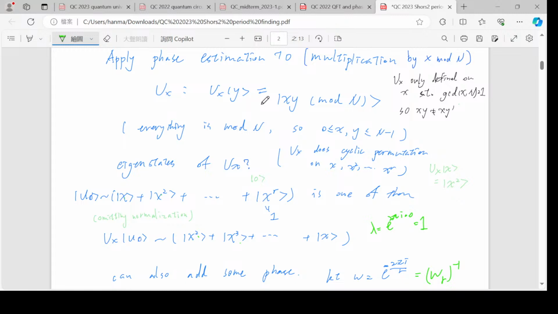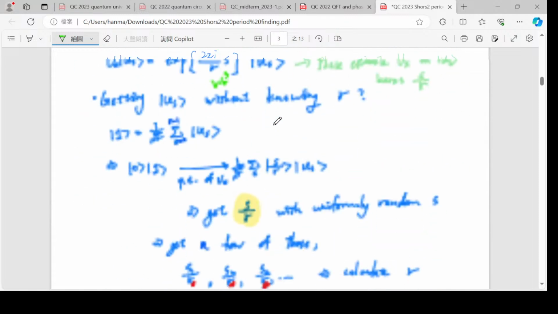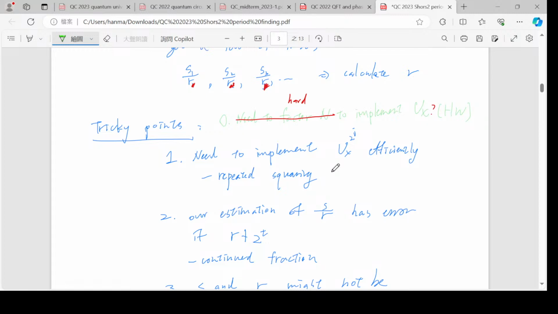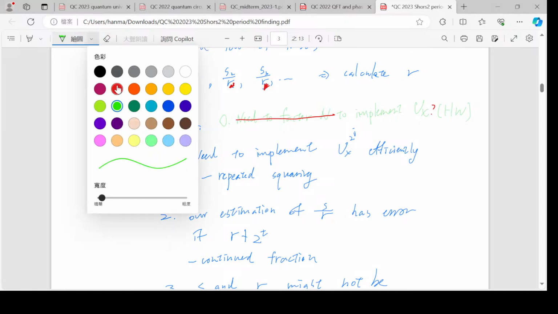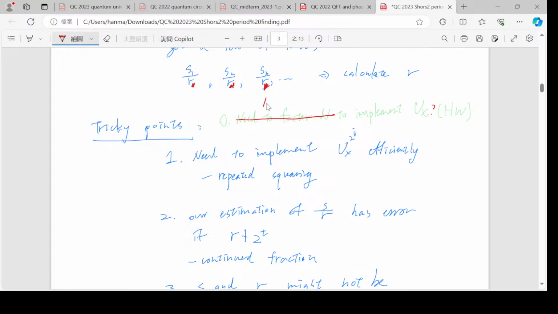I think you need to know r. Well, that's similar to knowing the factors of n, but let's say we need to know r here.